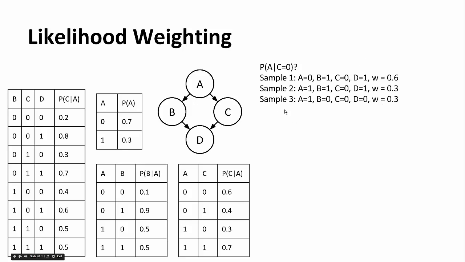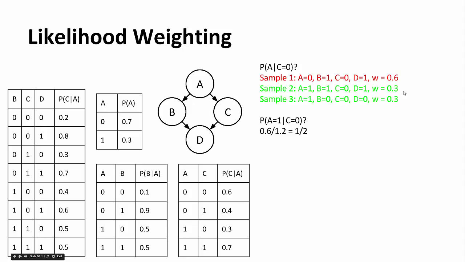So say we have samples 1, 2, and 3, and the weights are as follows: 0.6, 0.3, 0.3. Now, how do we use this to estimate the probability that we have here? So say we wanted to estimate the probability that A equals 1 given that C equals 0. We'll take the samples that are consistent with our query, so that are consistent with A equals 1, and we see that's sample 2 and sample 3.